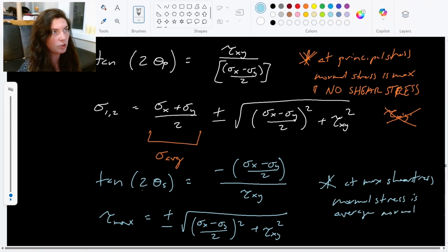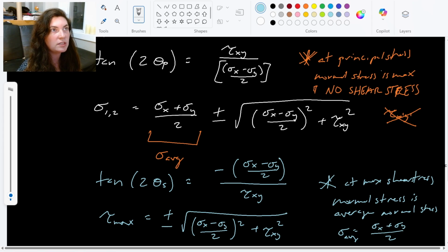So while this portion of the shear stress max equation is going on, our normal stress at this time is going to be the average, which is again sigma x plus sigma y divided by 2. Just those two added together and divided by 2 gives us our average normal stress.